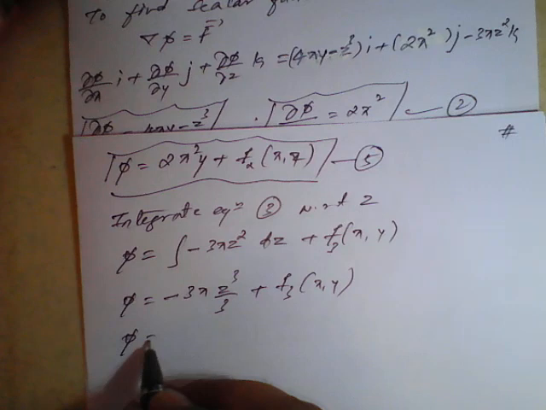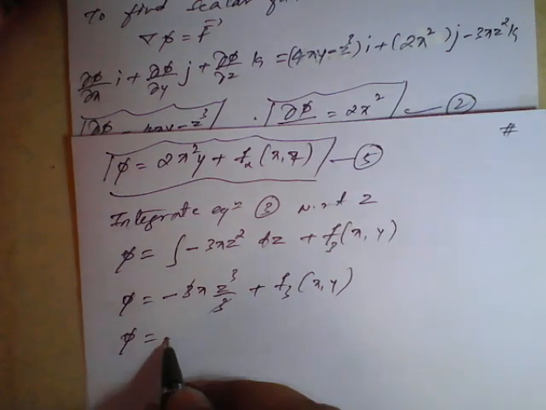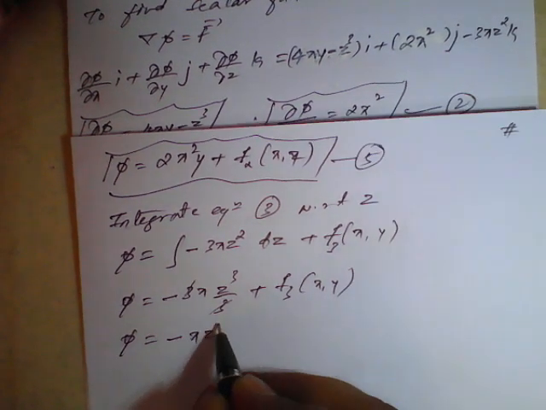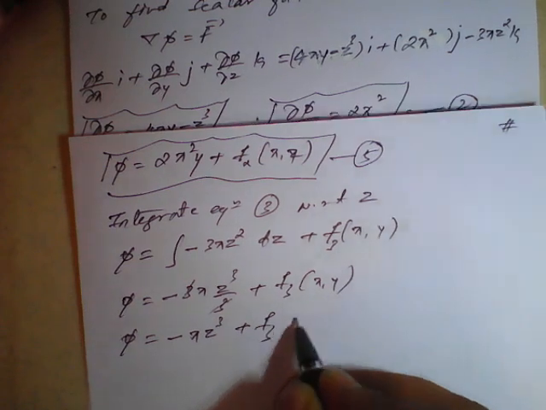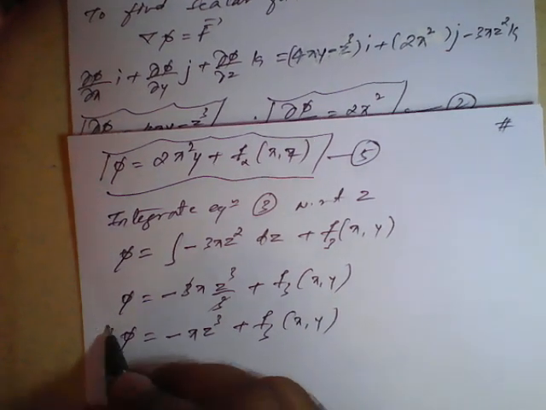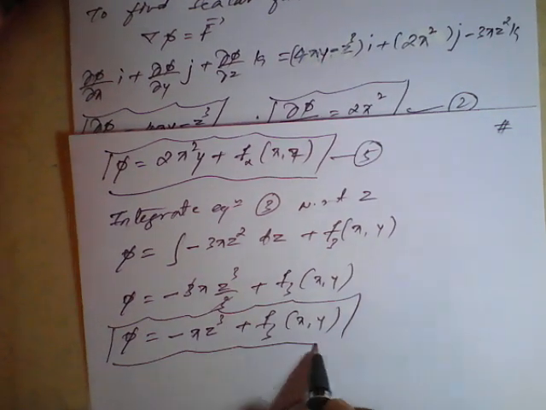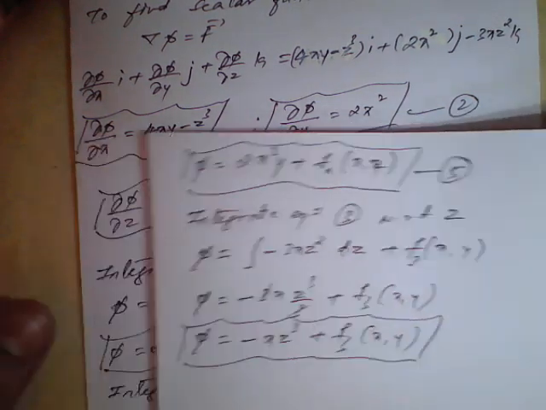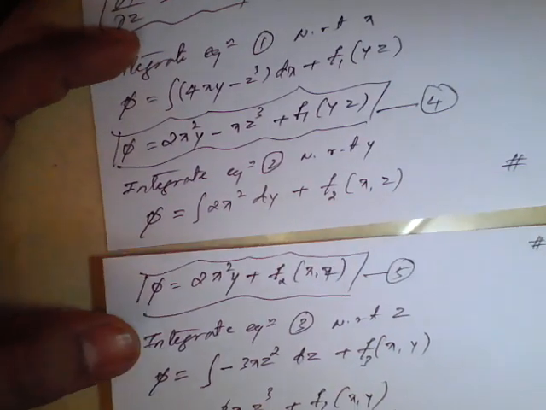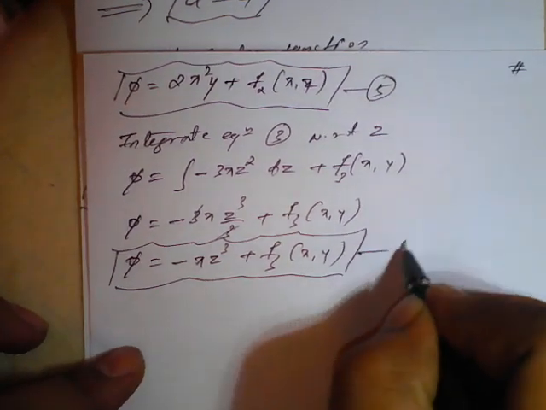Which is nothing but φ is equal to minus xz³ plus f3 of xy. I will give this as equation number 6.